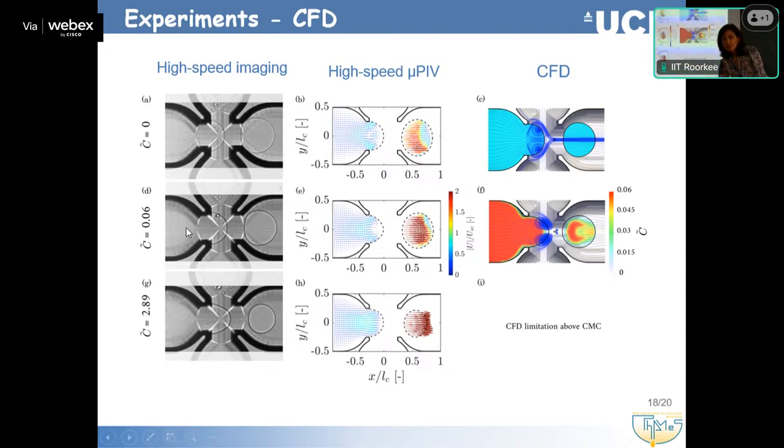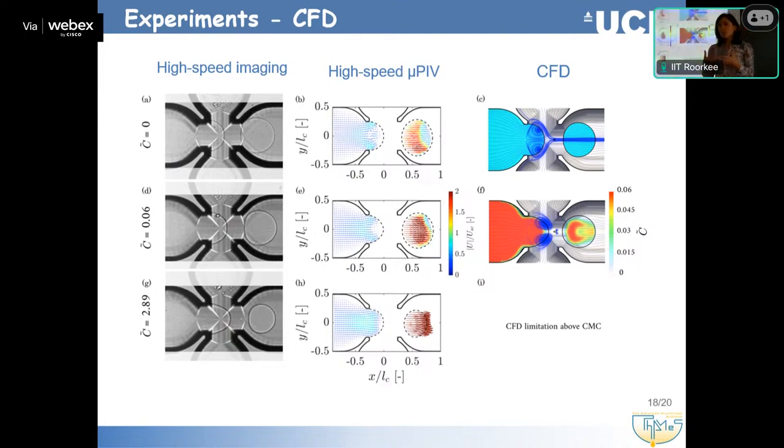Some comparison again, because we had the high-speed imaging and the PIV for one case: a clear system, little surfactant, high surfactant. What we tried to do is to see if we could use this more detailed data to completely validate the CFD.